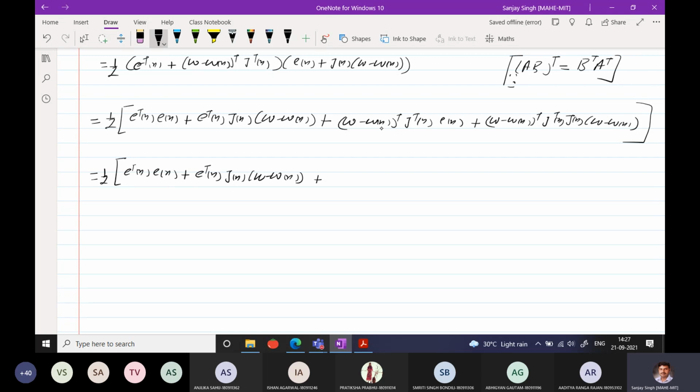Now this part we know is nothing but this, and I can write it in this form. Yes or no? Can anyone tell me? Can I write this? Yes, we can do that, right? And we have a certain objective in mind while doing so. So we'll do this.